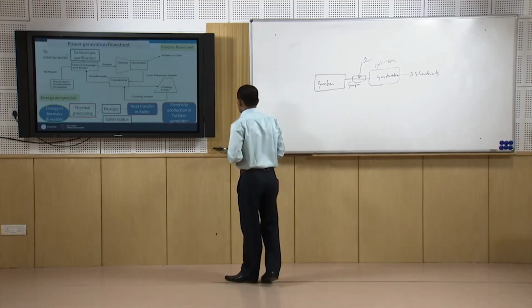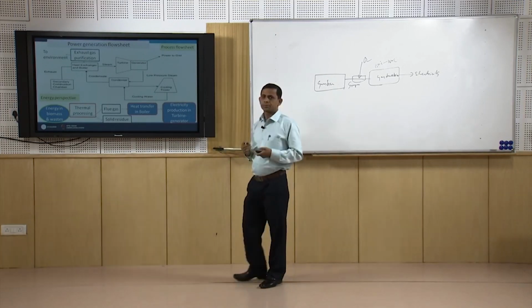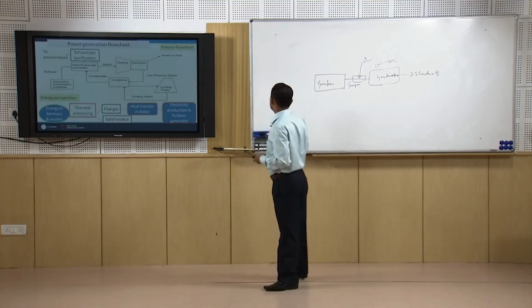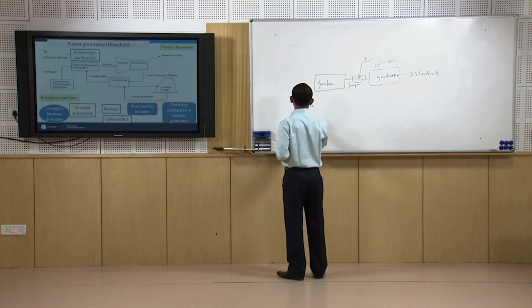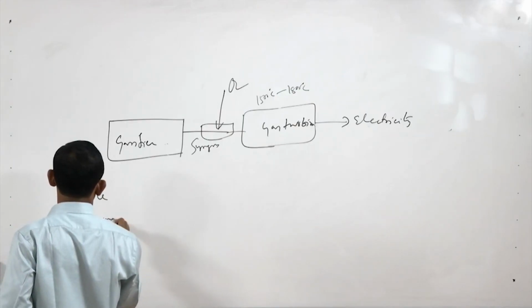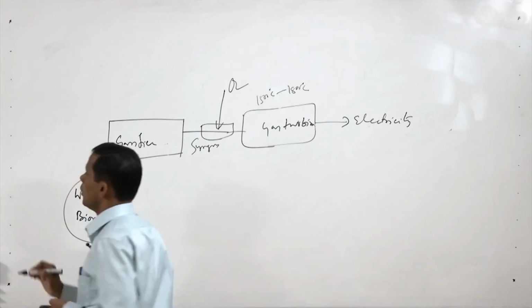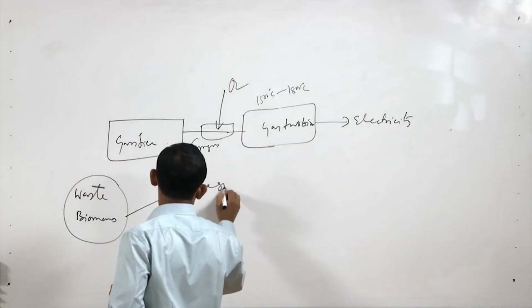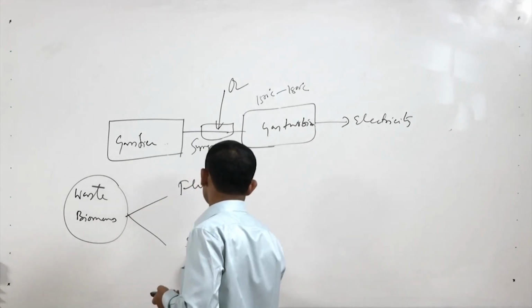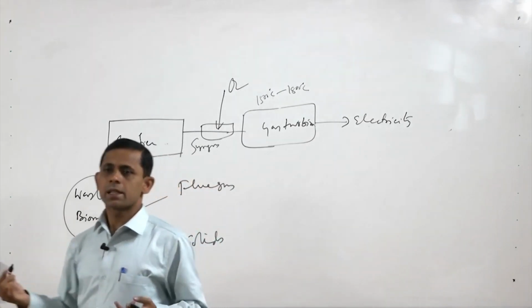Now, if we think on an energy perspective, then we will see that waste or biomass or any feed will give us flue gas and solids, that is ash and slag.